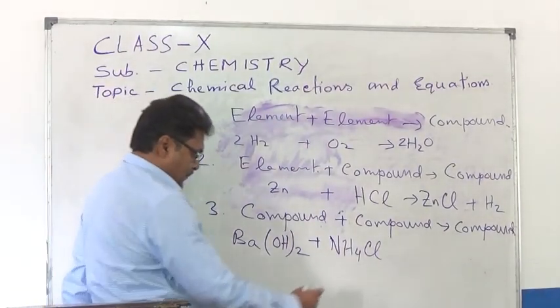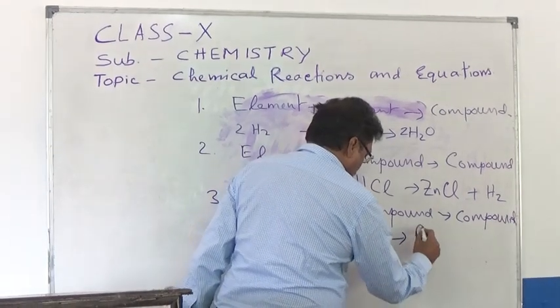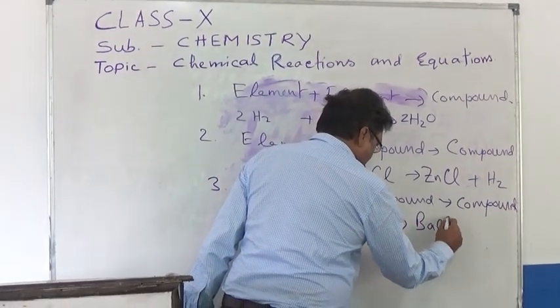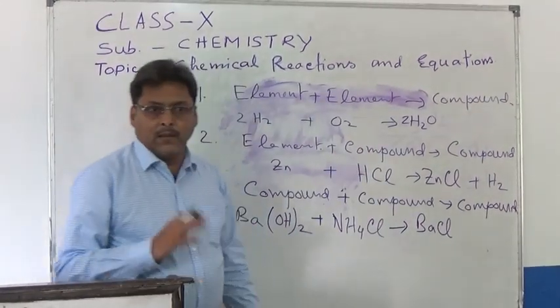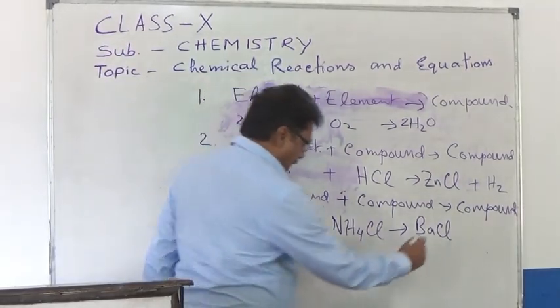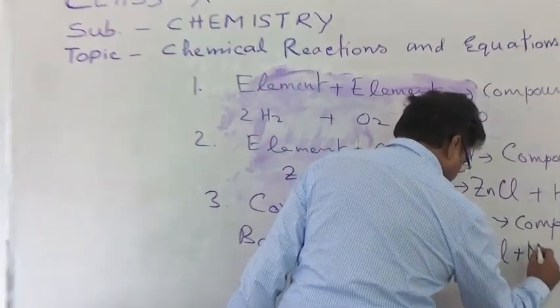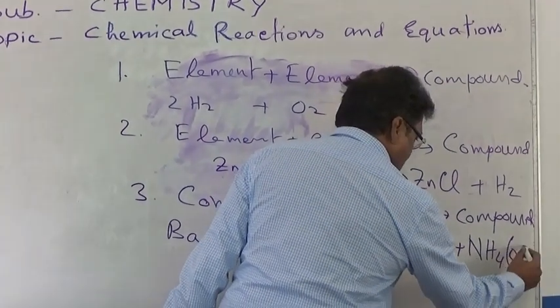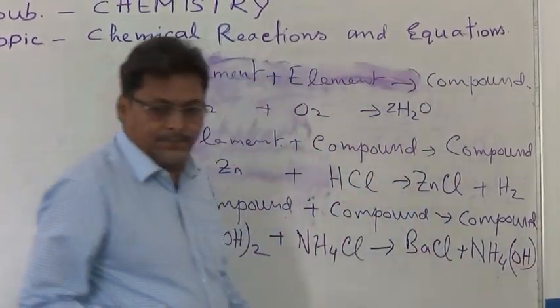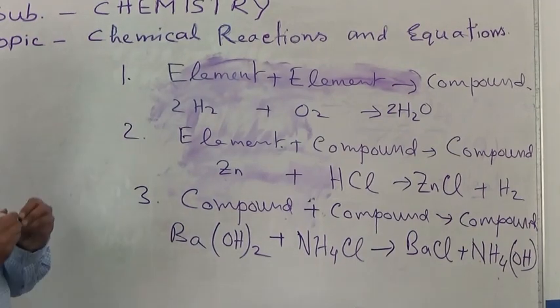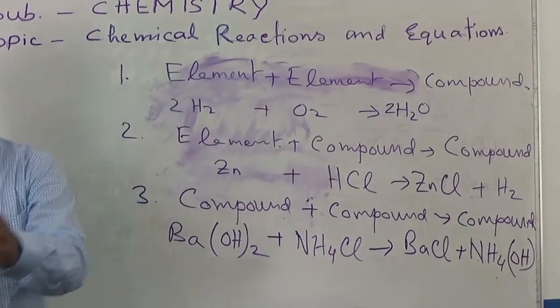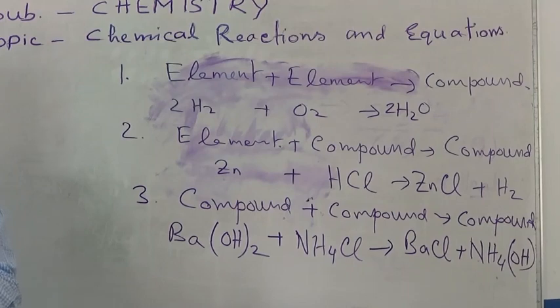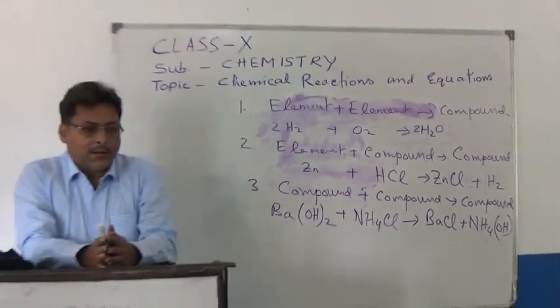What will happen is that we get barium chloride and ammonium hydroxide. Here we get compound plus compound reactants produce a compound product.